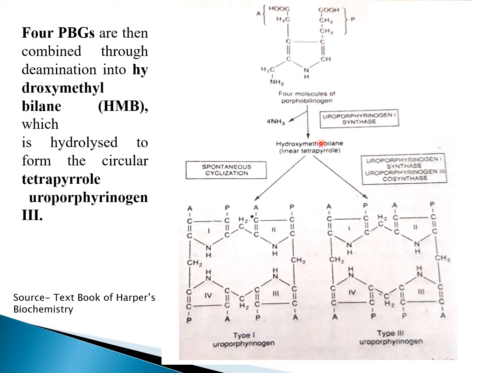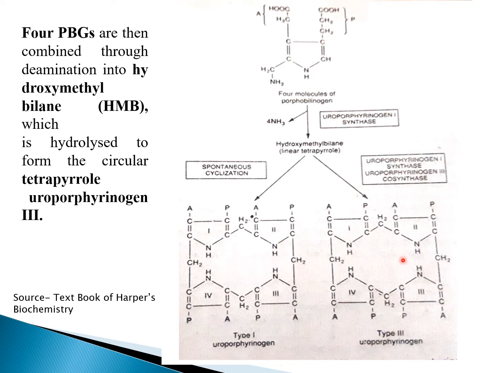When four of these are condensing together, then four amino groups are released, and it results in hydroxymethylbilane, HMB, which again undergoes circularization and forms the circular tetrapyrroles of uroporphyrinogen, either uroporphyrinogen 3 or uroporphyrinogen 1. 1 or 3 will be formed. When it is uroporphyrinogen 1, it is a spontaneous cyclization which is taking place.